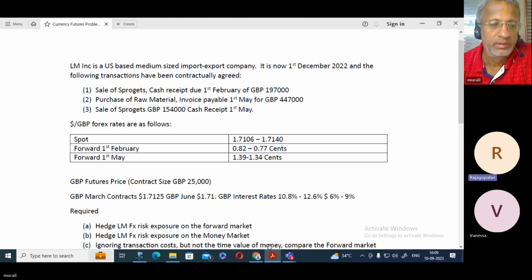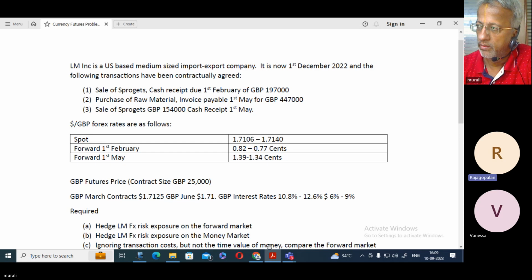Sreeram Corporation is a US-based medium-sized import-export company. It is now 1st December 2022 and transactions have been contractually agreed. 1. Sale of Sprockets, cash received due 1st February, of GBP 1,97,000. Purchase of raw material, invoice payable 1st May, for GBP 4,47,000.